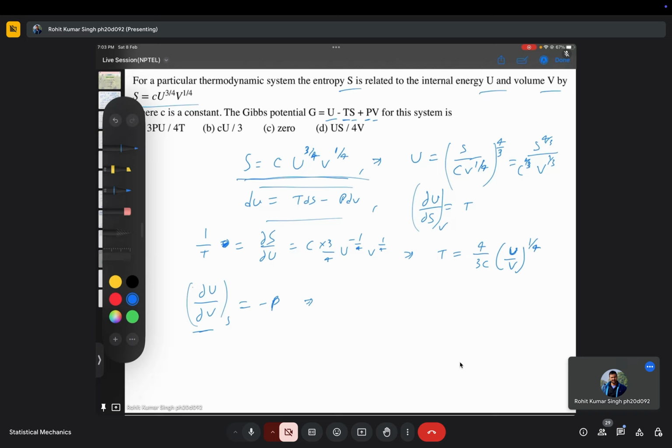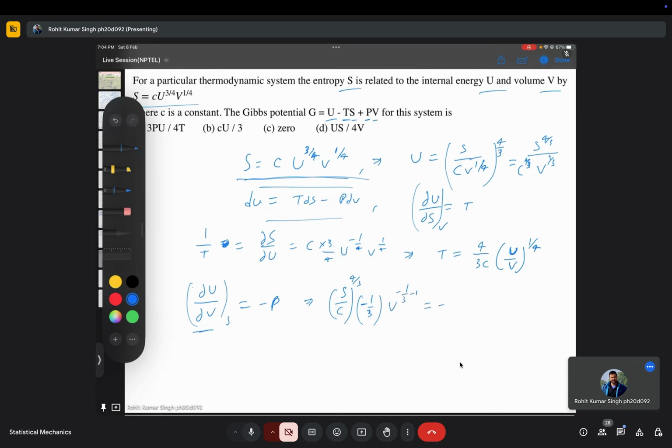Okay, let's do it. So S by C to the power 4 by 3, and we differentiate with respect to volume, so minus 1 by 3 V to the power minus 1 by 3 minus 1.